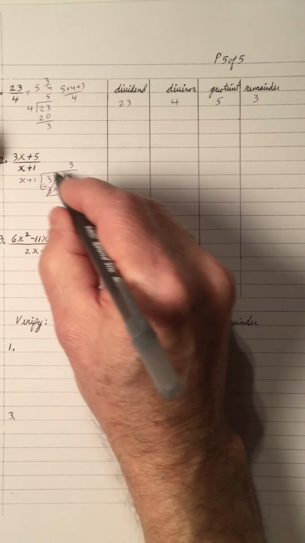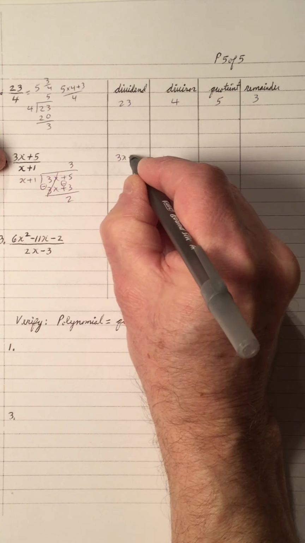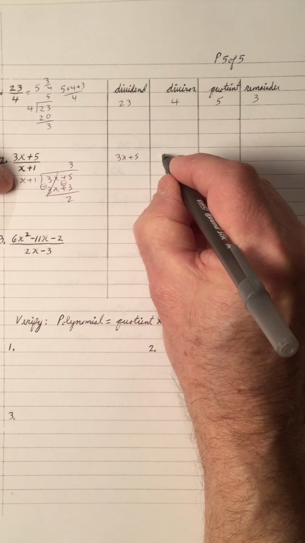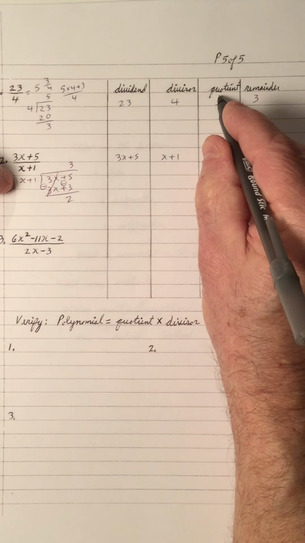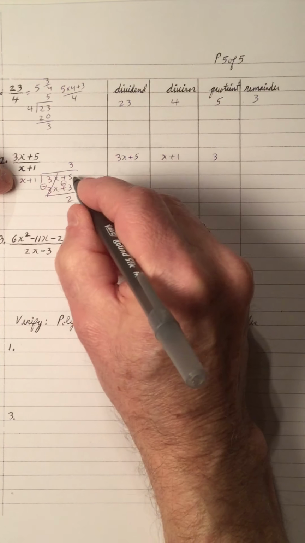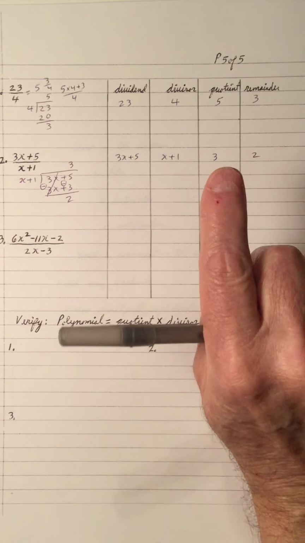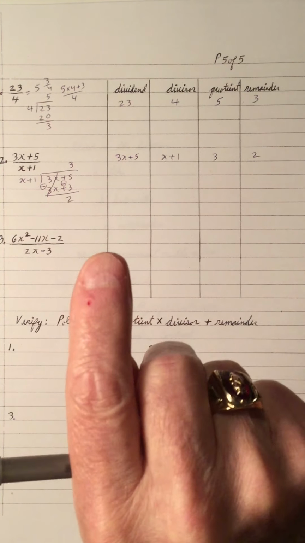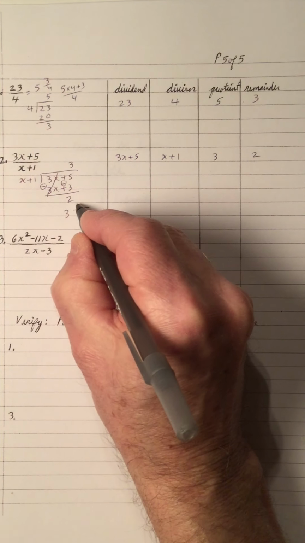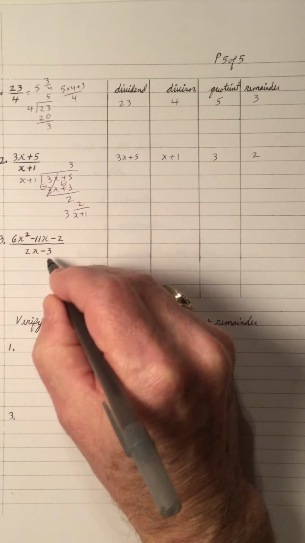So your dividend is 3x plus 5. Your divisor is x plus 1. Your quotient is a 3. That's the answer you got because of division. And your remainder is a 2. And if you want to write it as a fraction, then we have a 3, remainder 2, over x plus 1.